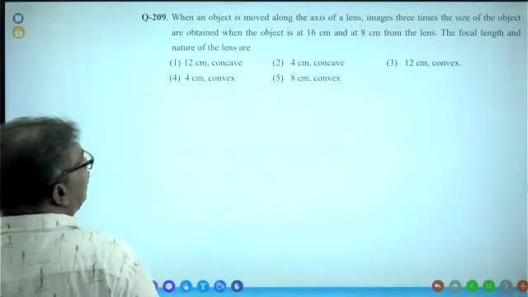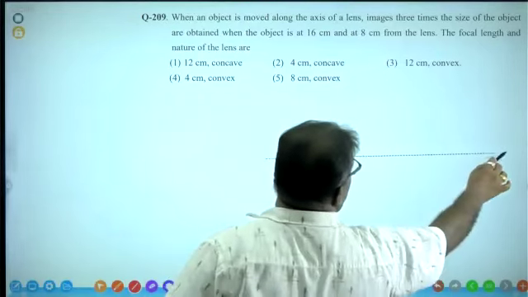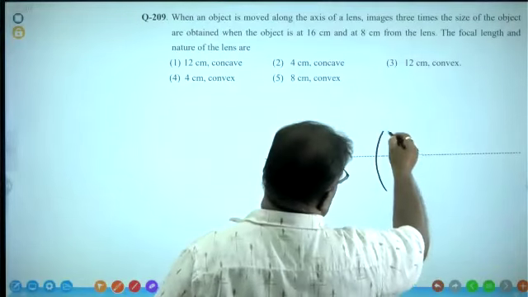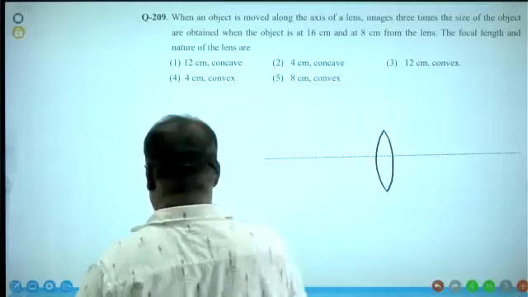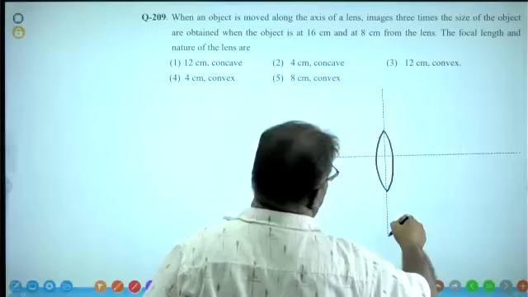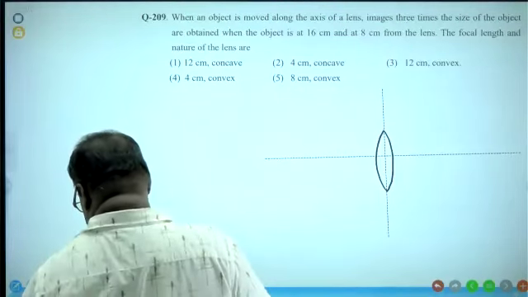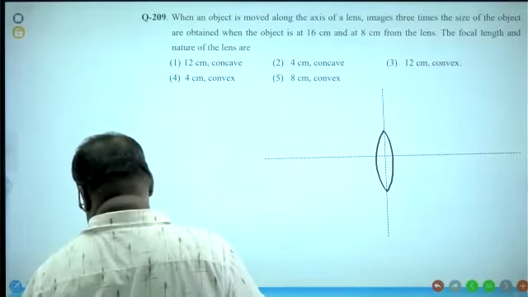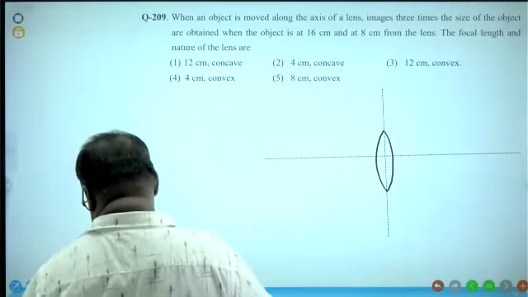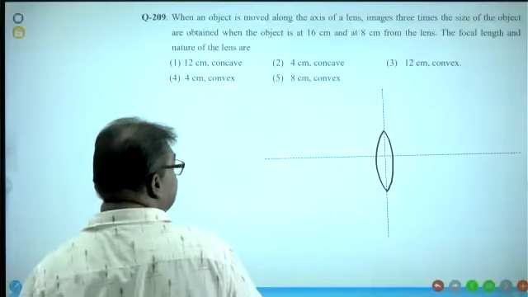When an object is moved along the axis of the lens, like this, three times the size of the object is obtained when the object is at 16 centimeter.